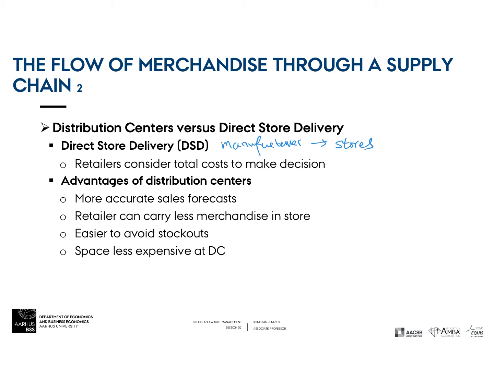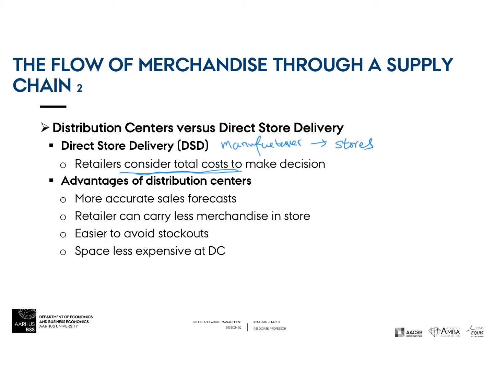So in this type of logistics network or material flow, the manufacturer and the retailers collaborate, and the final or ultimate decision is usually up to the retailer, depending on the characteristics of the merchandise and the nature of the demand. So here, the decision-making target is to consider the retailer's total cost.